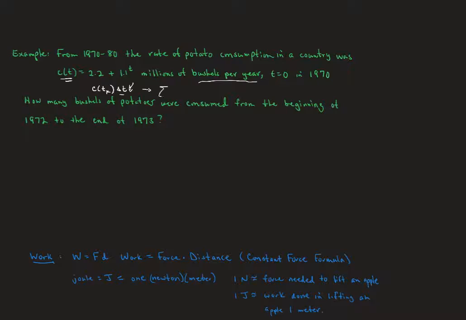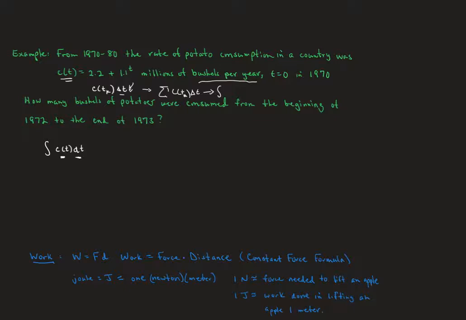That will lead us to summing those up, C of t sub k times our delta t, and then that, of course, as delta t goes to 0, is going to become an integral. So we're going to get an integral of that consumption, and our delta t becomes a dt. So again, if you look at the units, that's millions of bushels per year times time, the number of years, is going to give us millions of bushels consumed.